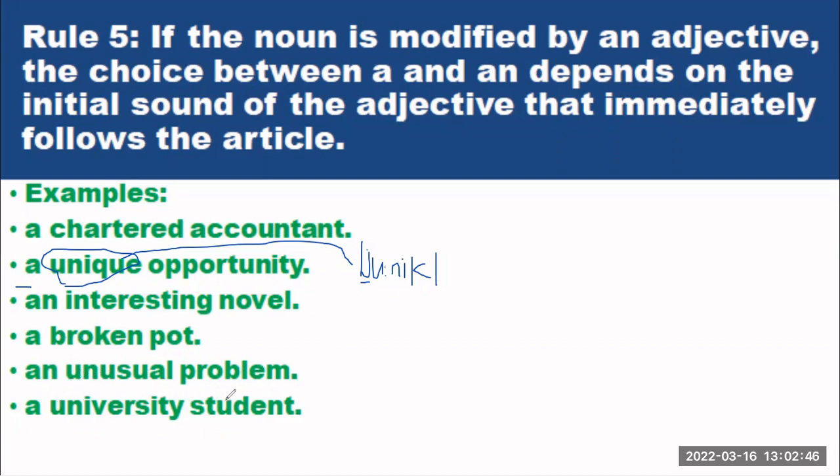A university student, because even though university begins with a vowel letter, yet the sound is consonant. We earlier transcribed that so you understand. Okay, so let's now undo the marks and go to the next slide and look at rule number 6.